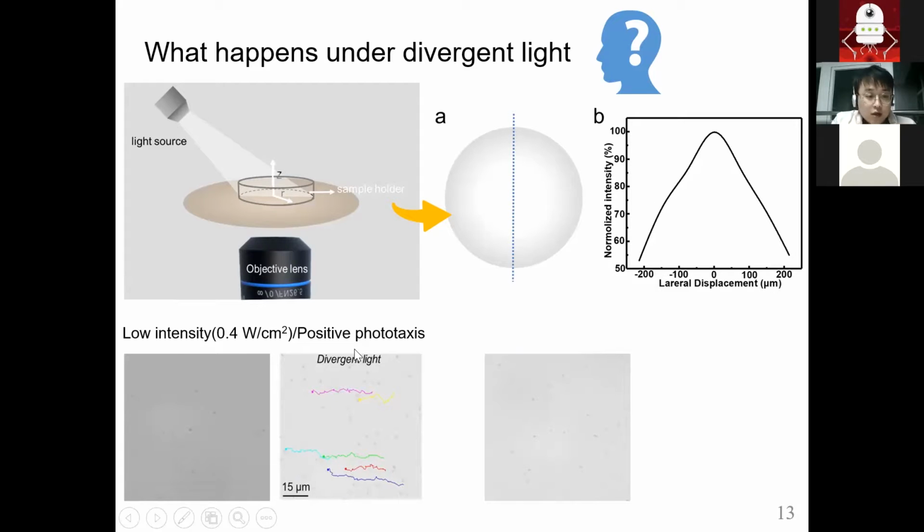Similarly, under the low intensity, 0.4, they also exhibit positive phototaxis under the diverging light.